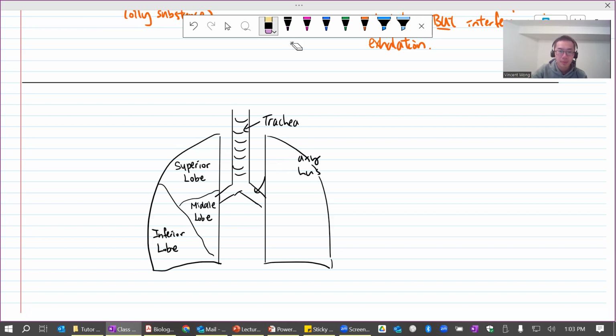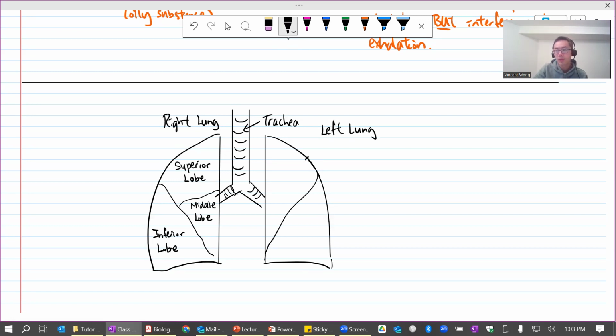I guess we don't need the primary bronchus. Okay, it's kind of in the way. I'm just gonna erase that. Okay, but know that this is the primary bronchus. And then for the right lung, for the left lung rather, this is the right lung.